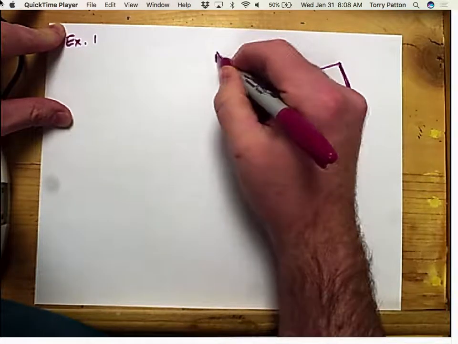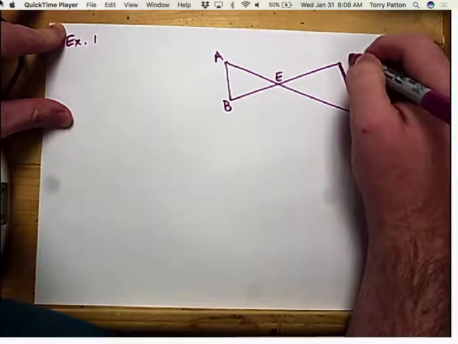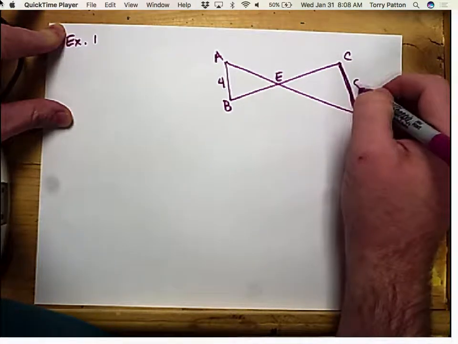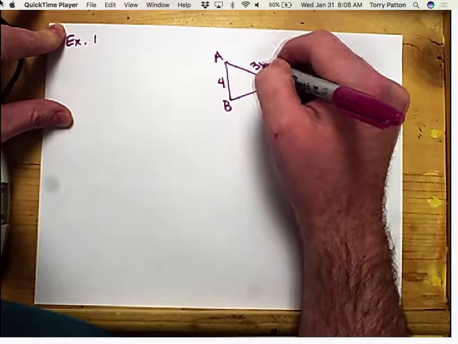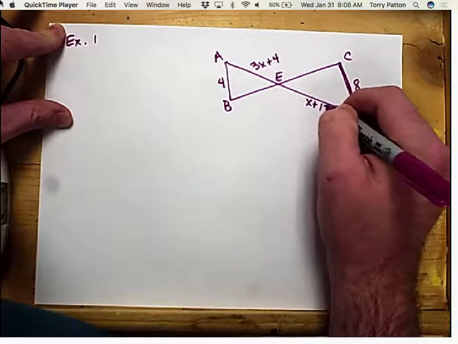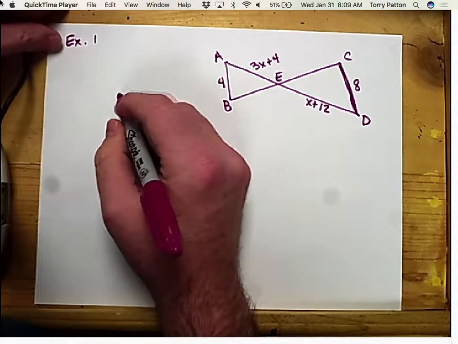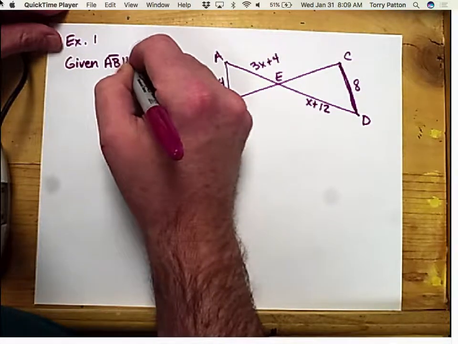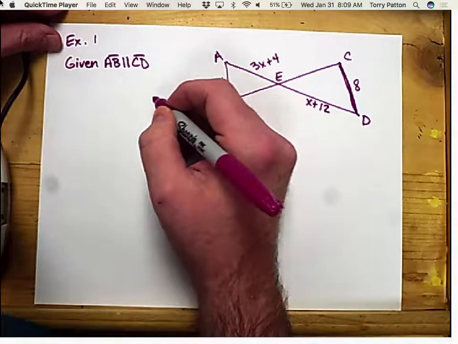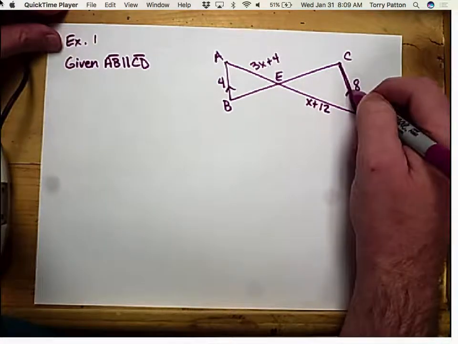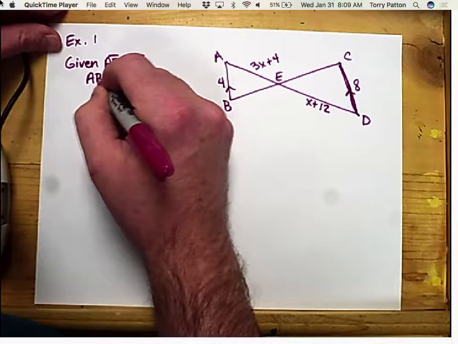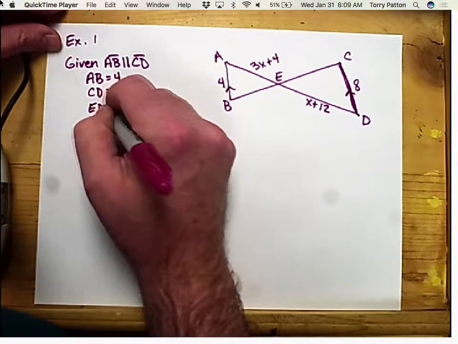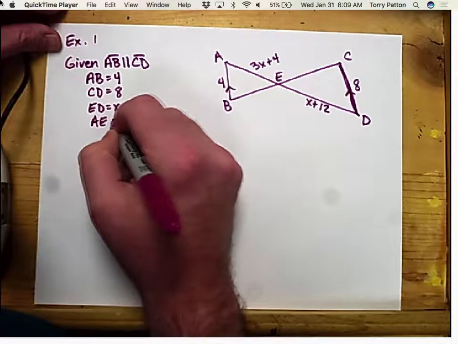And we've got A, B, E, C, D. Okay, so if AB is parallel to CD, AB is 4, CD is 8, ED is x plus 12, and AE is 3x plus 4.